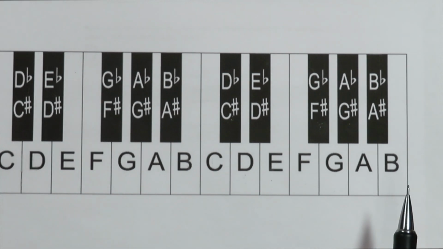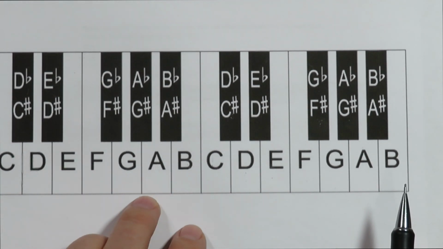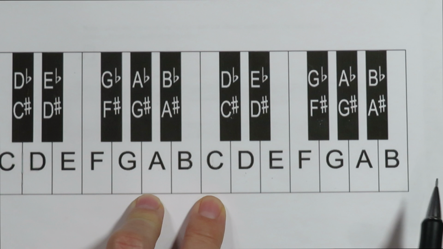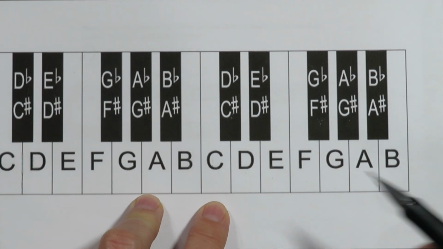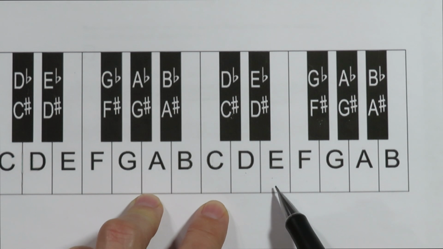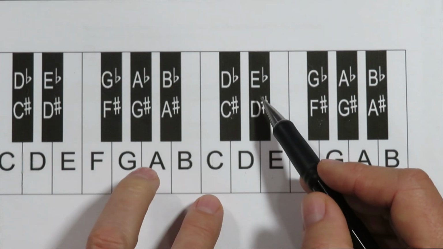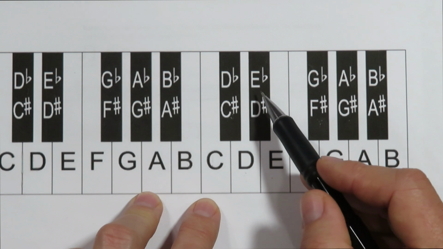A to C is a minor 3rd, good, and C to E is a major 3rd. So A, C, E.